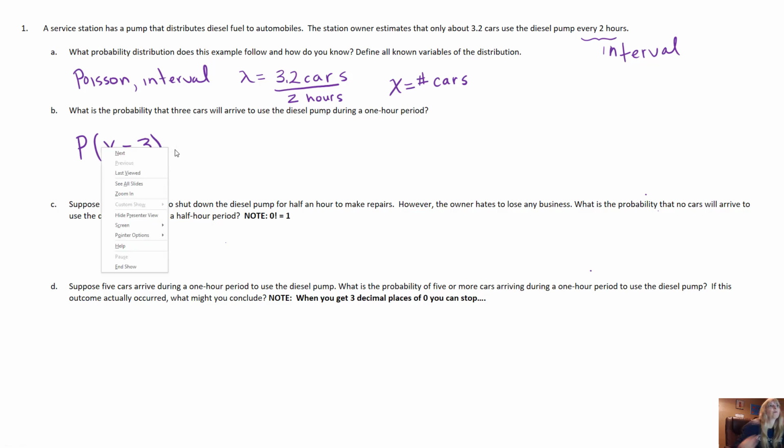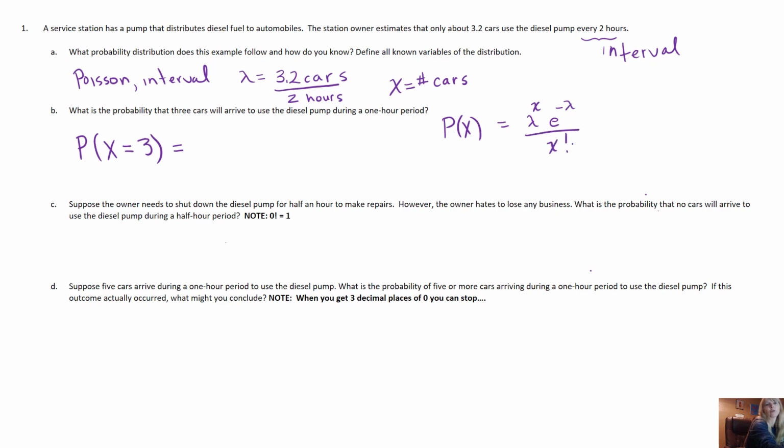So my formula: the probability of x, whatever I'm looking for, is lambda raised to the x power, again lambda being the average, and then e raised to the negative lambda, all over x factorial. All right, well, x is 3.